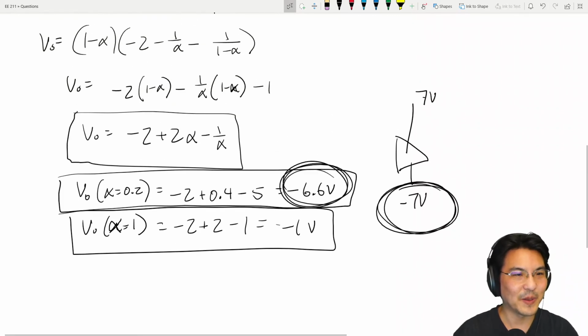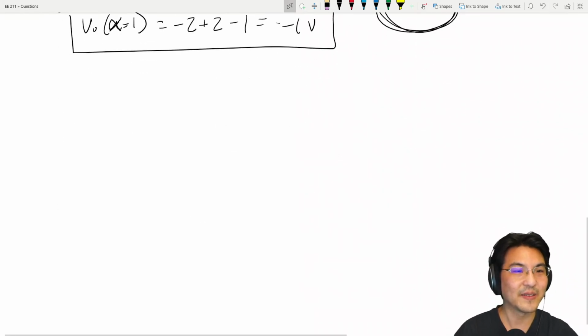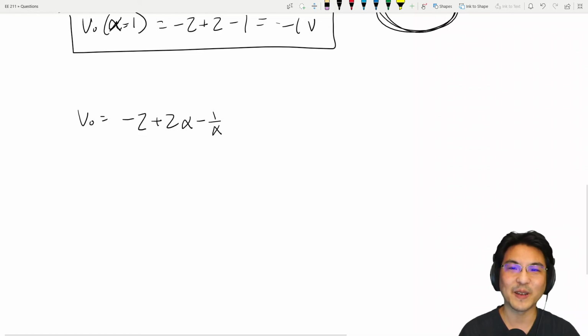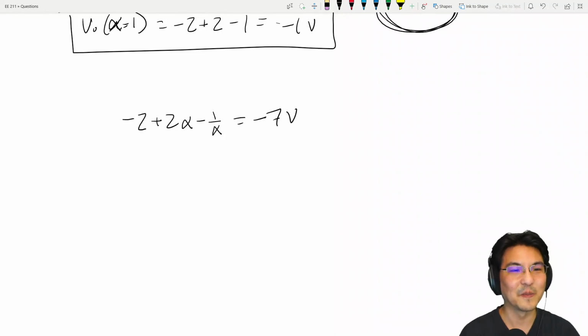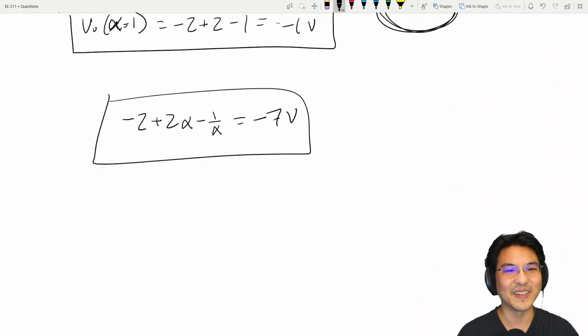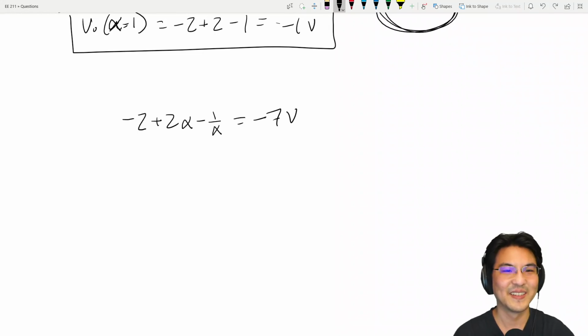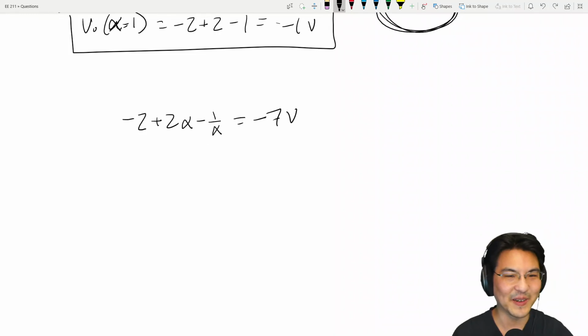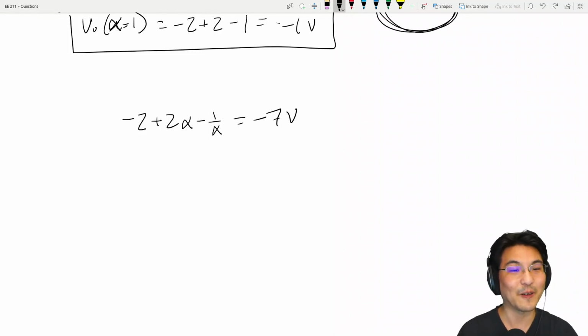Okay, so let me just copy and paste this. This is the output voltage as a function of alpha, but we have to be careful that it doesn't go below -7. That's what we have to watch out for. So when does that happen? Here, I just wrote it. So let's solve this. This is bothering me, so let's multiply this entire equation by alpha.